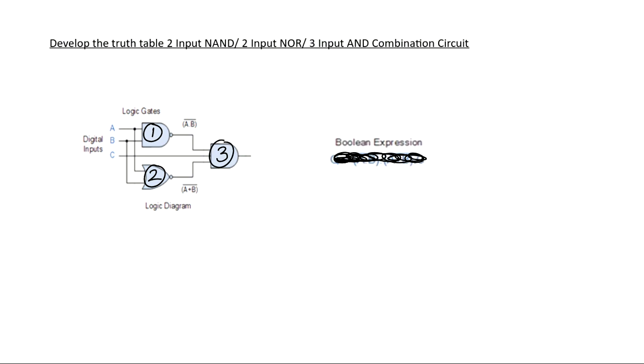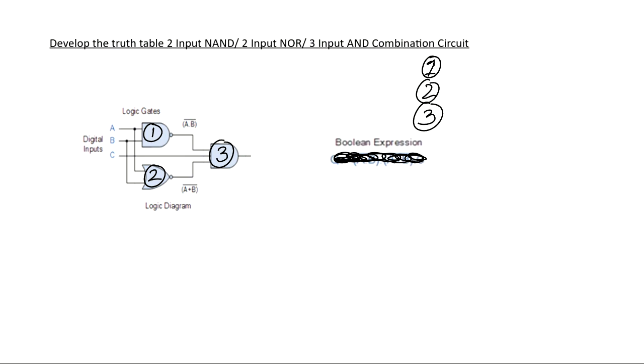So who can tell me what is gate number one? What is the name of gate one? Is gate one an AND gate, OR gate, NAND gate, NOR gate? Which type of gate is that? Anyone, guys?